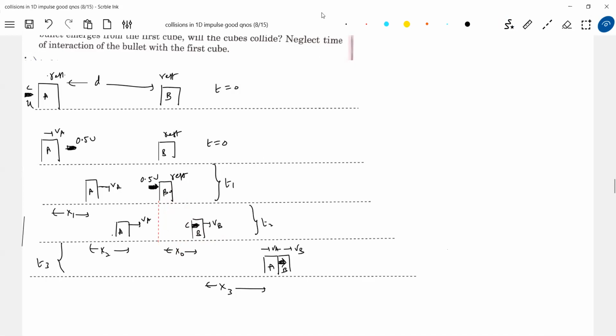So what is T1? Time taken for the bullet to move from block A to block B. What is T2? Time taken for the bullet to penetrate into block B and come to rest with respect to block B. And what is T3?